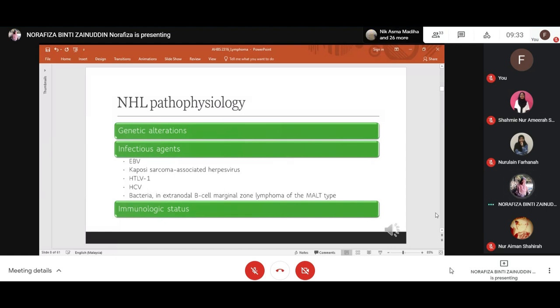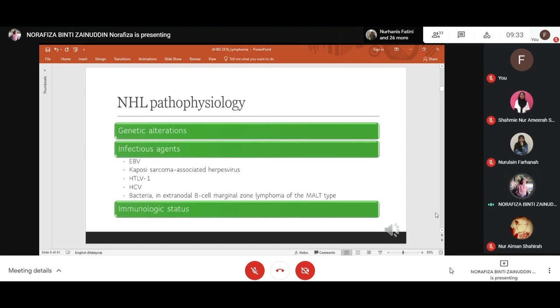On immunologic status, this also plays a role in the pathophysiology of NHL. Immunodeficient patients actually have an increased risk of developing lymphoproliferative disorders. For example, salivary gland lymphoma patients also develop Sjogren's disease, and thyroid lymphoma in patients who also develop Hashimoto's thyroiditis.